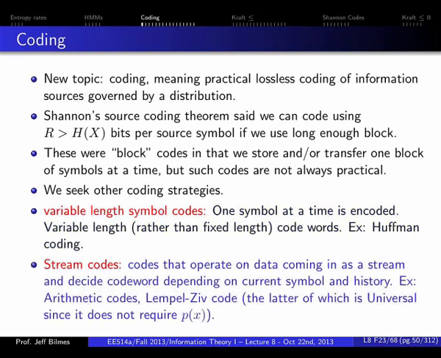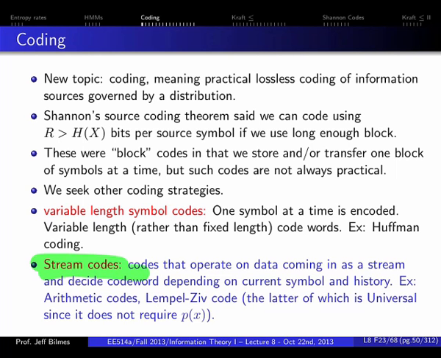And then the other thing is, like I said, streaming codes, where we can start coding right away. As source symbols come in, we start sending out bits right away, rather than waiting for the whole source to come, which is obviously critical for things like internet streaming of digital data, real-time telephone communications over a cellular channel, or any form of real-time or semi-real-time communication, Skype or Google Hangouts.